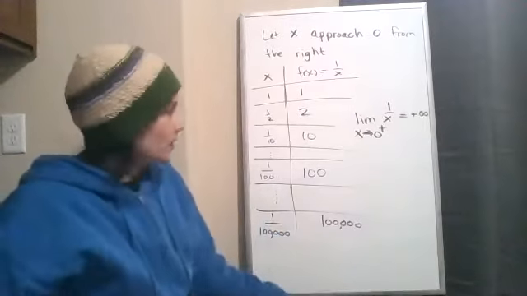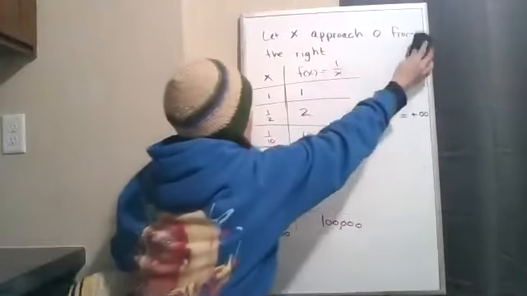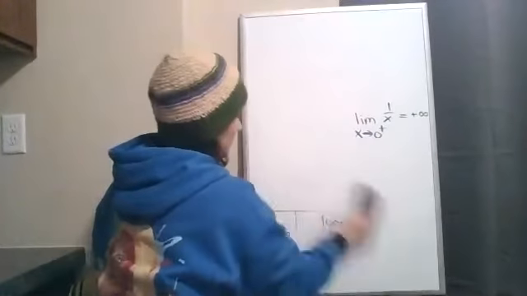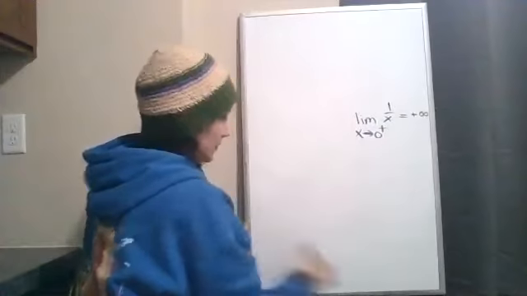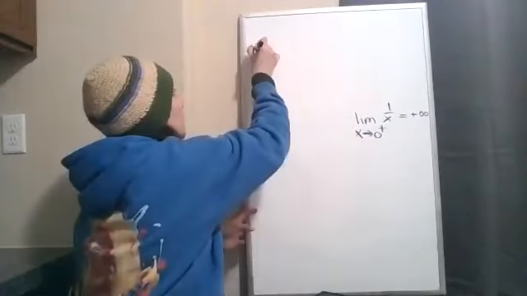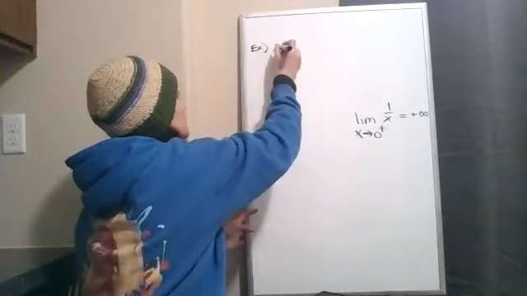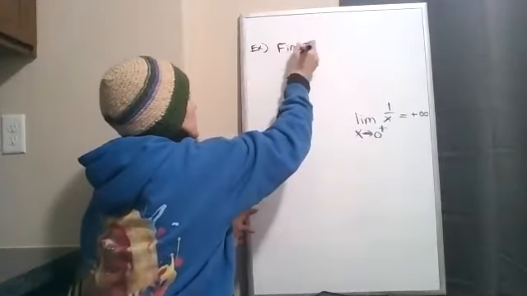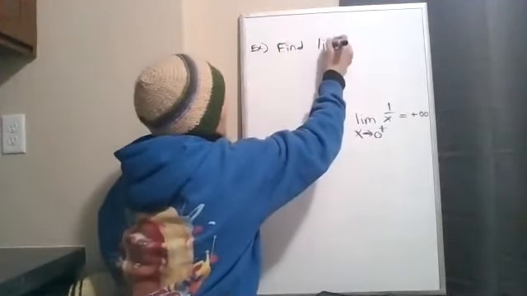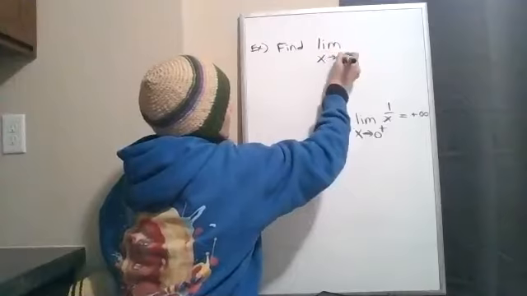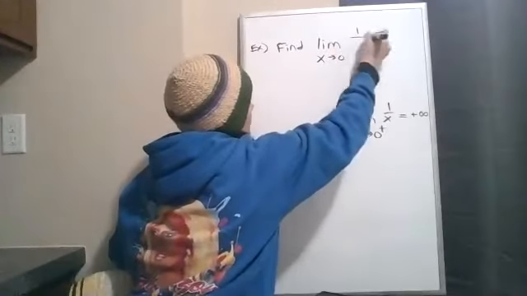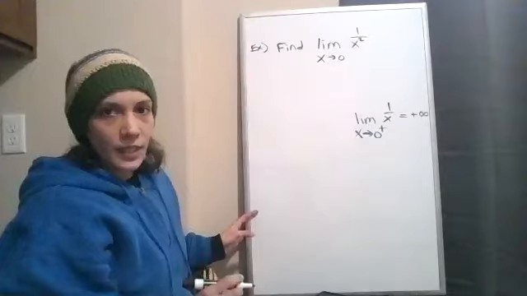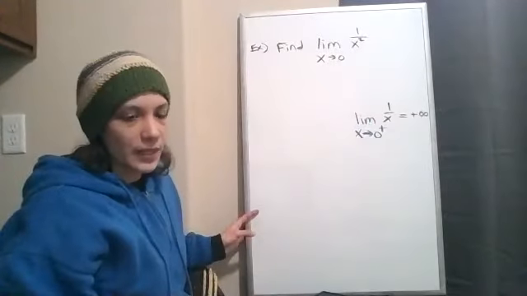Another example. Okay, the limit as x goes to 0 of 1 over x squared.